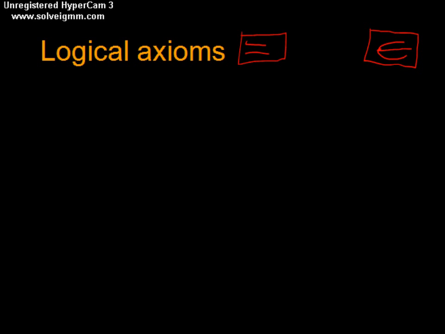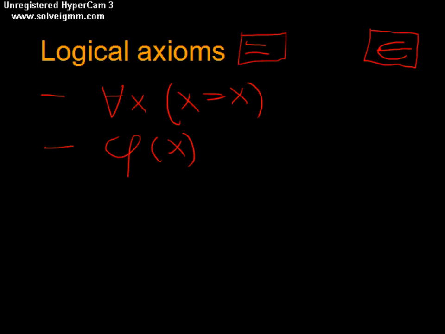The first axiom is for all x, x equals x must hold. The second axiom is a bit more difficult. Let phi x be any formula. Then we can form the formula psi y, and this is the same formula as phi, but we just replace all occurrences of x by y.